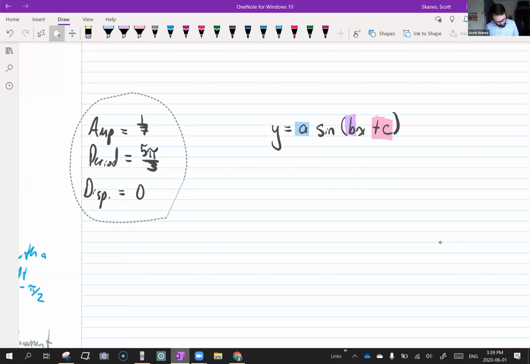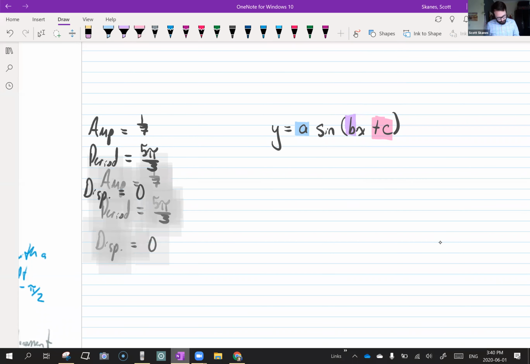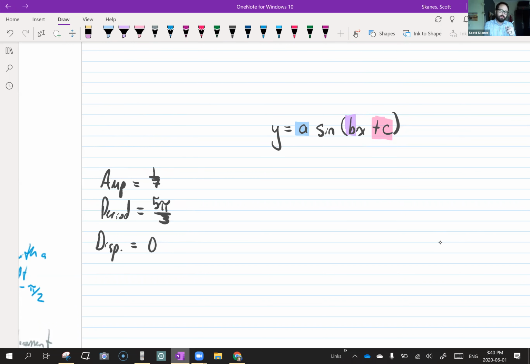Let me just scooch this down so it's easier to work with. A, B, and C come directly from amplitude, period, and displacement. If you have amplitude, to get A, it is amplitude. A is just amplitude. So right away we have it. We could put that in the equation right away. I'm not going to do that yet. I'll write the equation at the end.